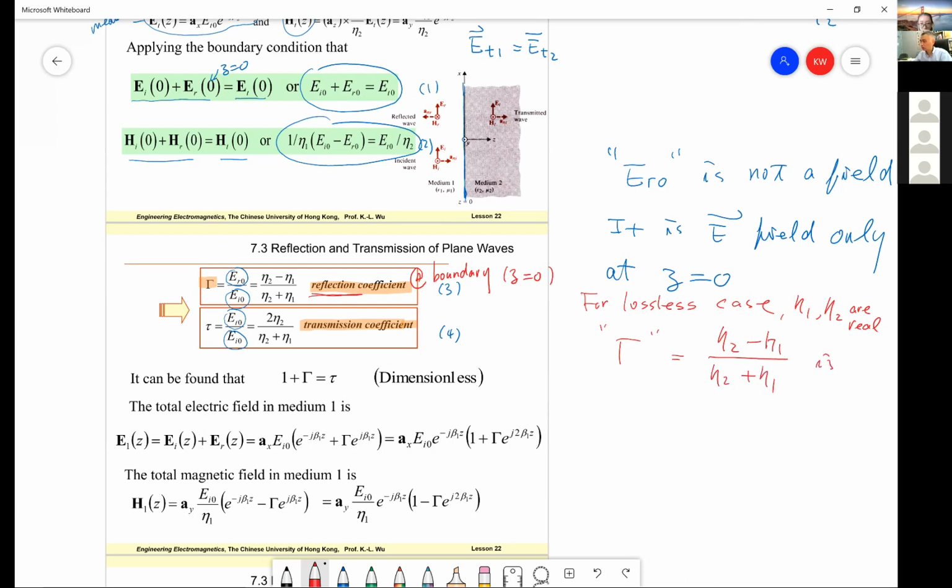So it's also a real number, right? This is only for the lossless case.